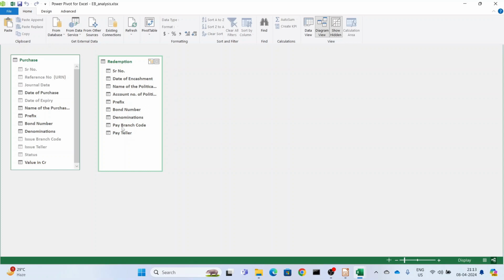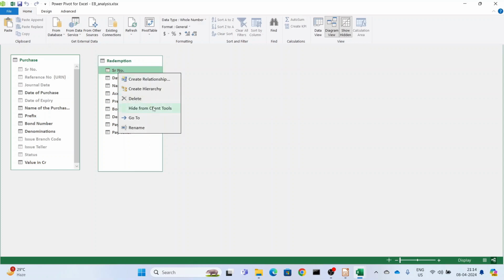The pay branch code may help us later in our analysis, but no, it may not help us. Let's forget it. The information that is really important to us is name of the political party, date of the encashment, prefix, bond number, and denomination. So let's hide the others.